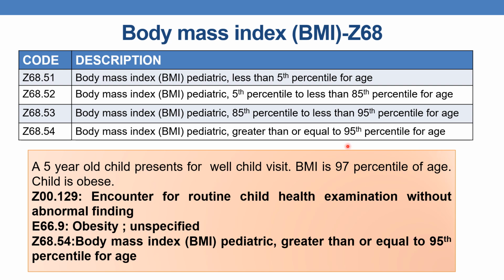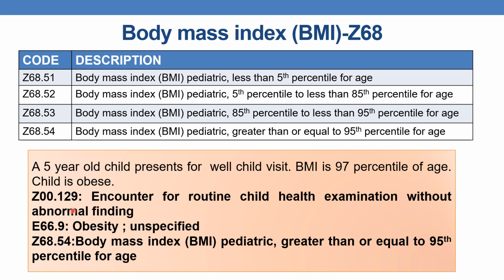Here 97 is greater than 95. So the appropriate code is Z00.129, followed by, it is also indicated that the child is obese. The physician documented that the child is obese. It indicates he is suffering from obesity.